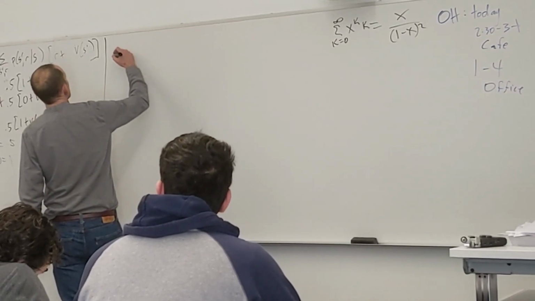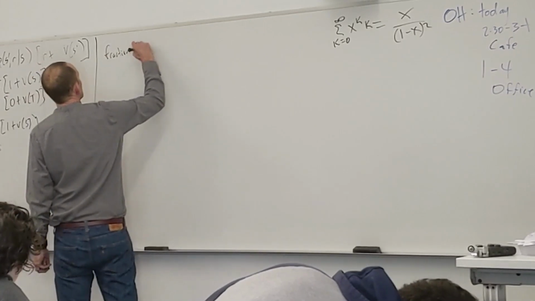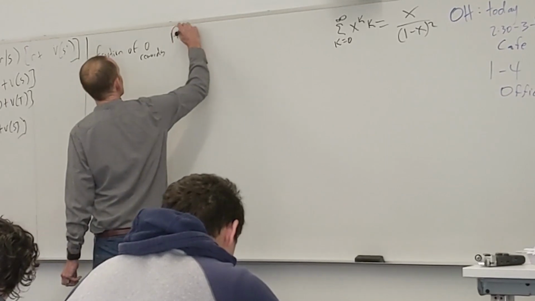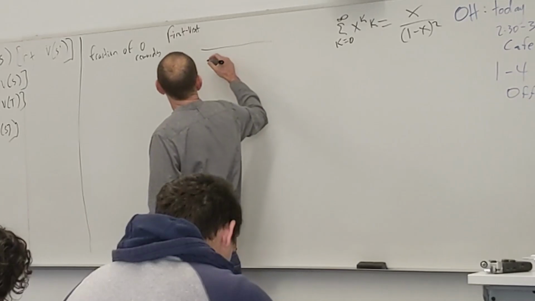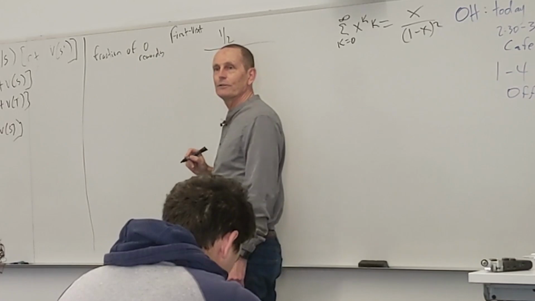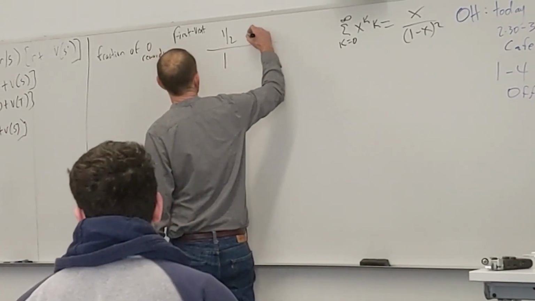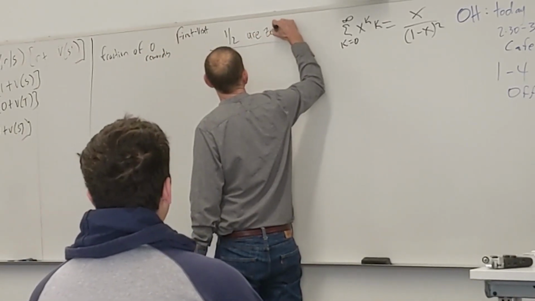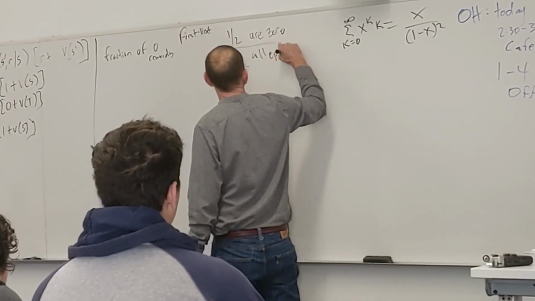Right, so this is the fraction of 0 rewards. In the first visit, let's say it's half is the chance for getting a 0, and out of all of them, half or 0, and 1 in the sense of all the episodes.